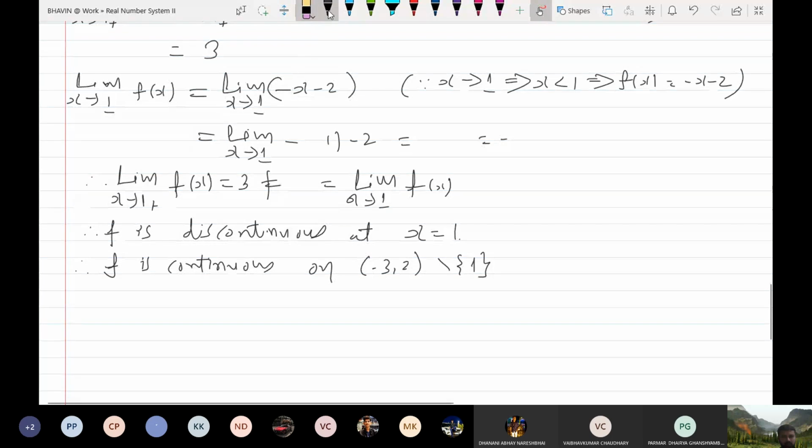Let me check. I think this is minus 1 minus 2, so minus 3. Again, it is not same. They are not same. So f is discontinuous at x equal to 1.